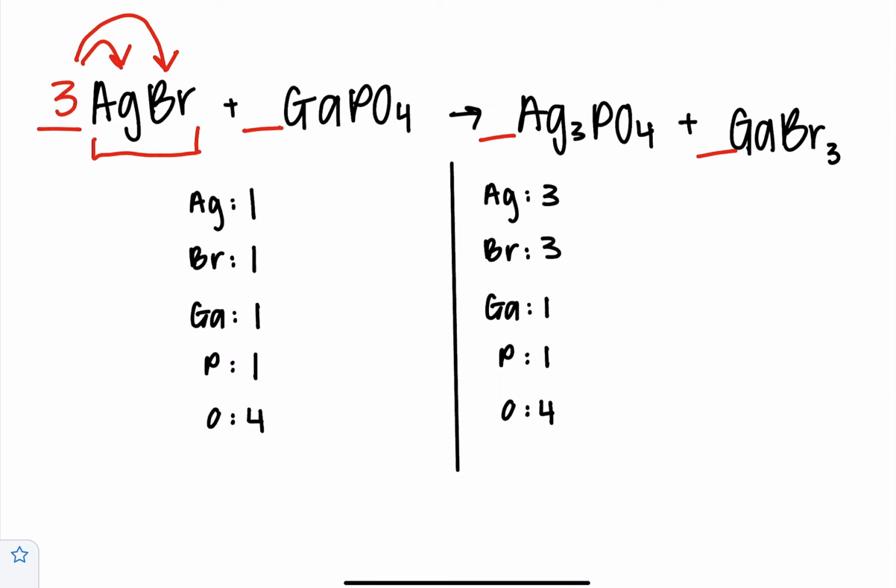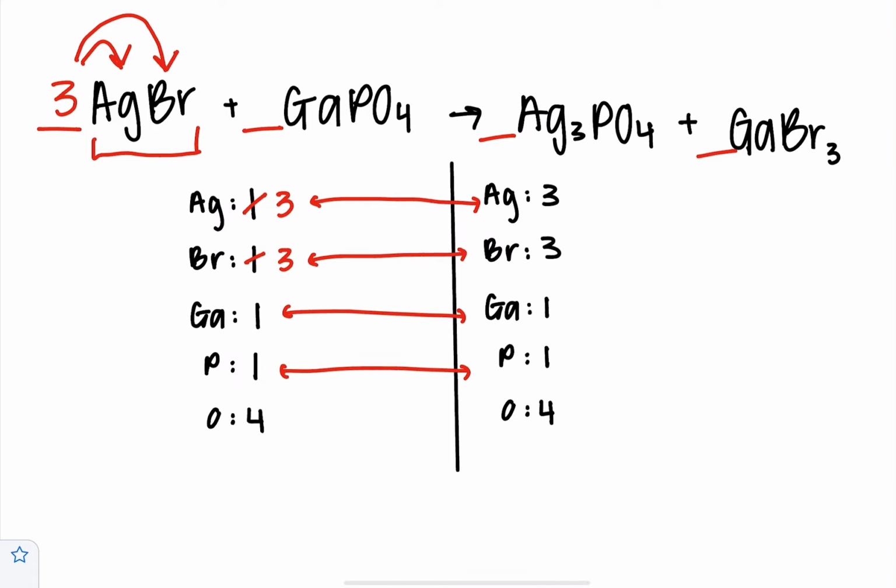So this 3 in front of our AgBr is now saying that there are 3 Ags and 3 Brs. And as you can see, we have the same amount of Ags on each side. Our Brs are now equal on each side. And everything else is already balanced, meaning that our work here is almost done.